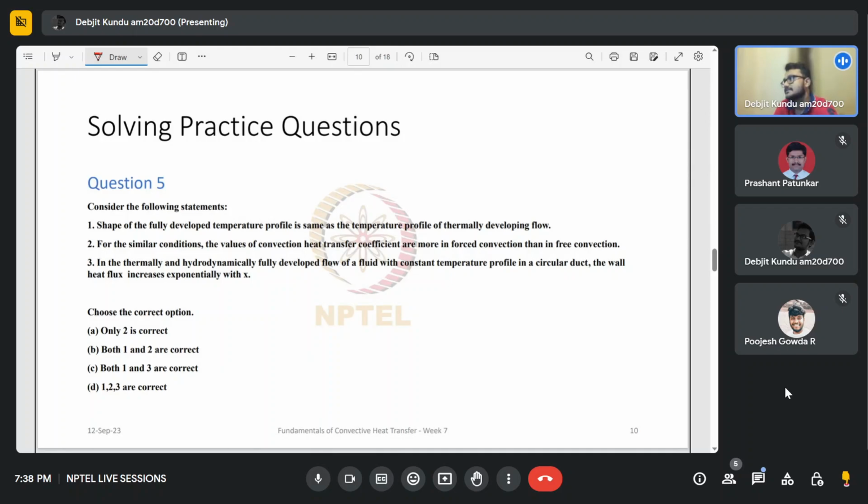Statement 3 says that in thermally and hydrodynamically fully developed flow of a fluid with constant temperature profile in a circular duct, the wall heat flux increases exponentially with x. So here what I mean by constant temperature profile is that the wall temperature is constant, T wall.